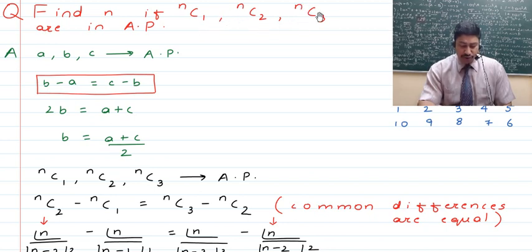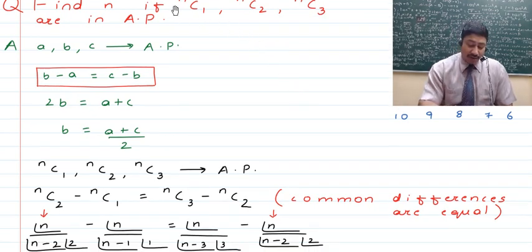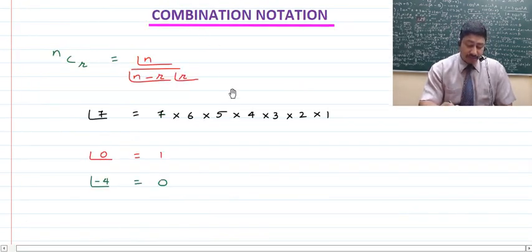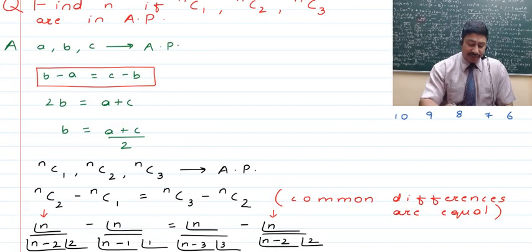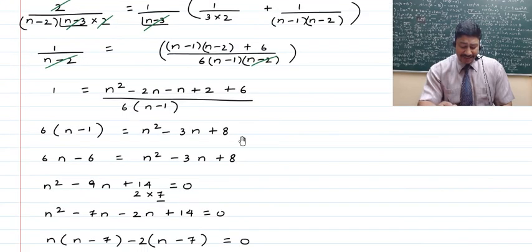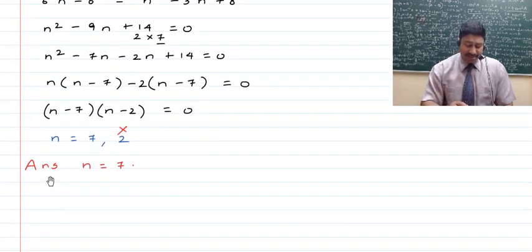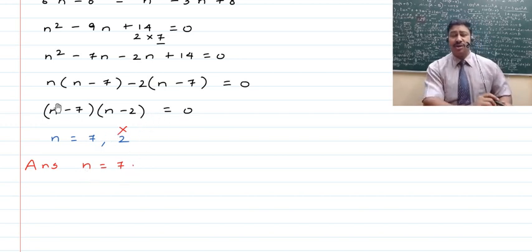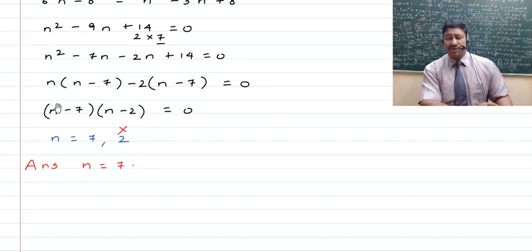But when we talk about 2C3, this will not be fine, as the value of n is becoming lesser than the value of r, right? And then we will get, like what we discussed just now, the factorial of a negative number, which will become 0, and getting a 0 in the denominator will give you an undefined number, and that is why 2 will not be accepted as a correct answer, and thus the final answer is that the value of n should be equal to 7, so that this condition with the combination coefficients is correct.